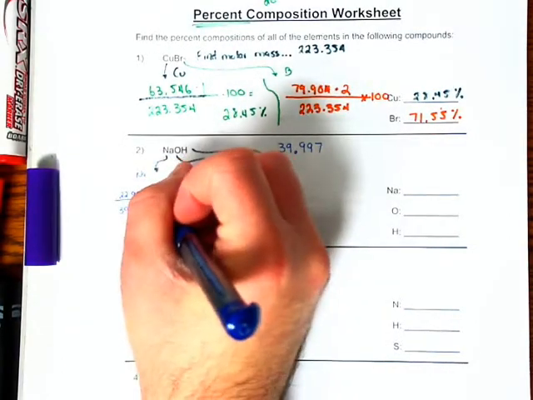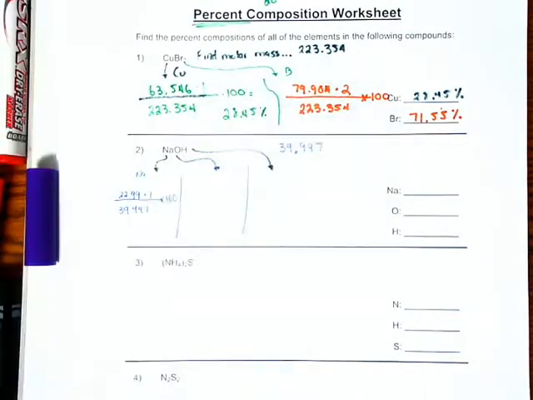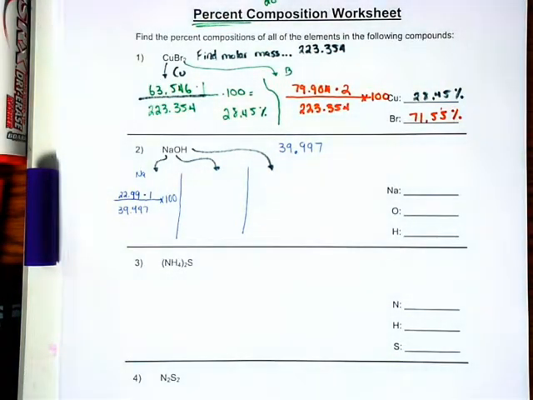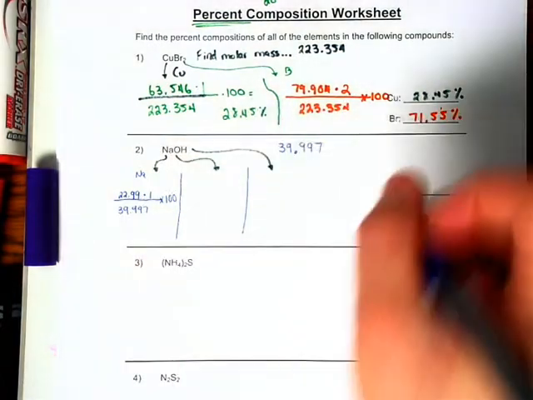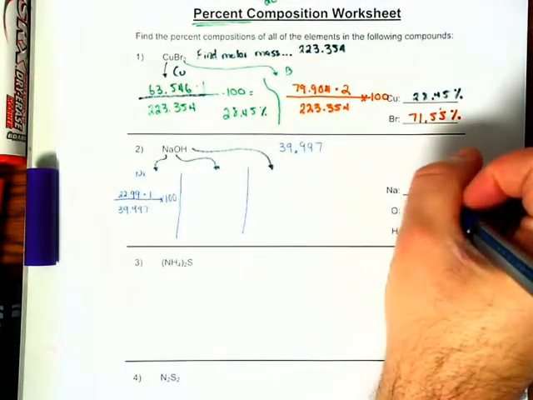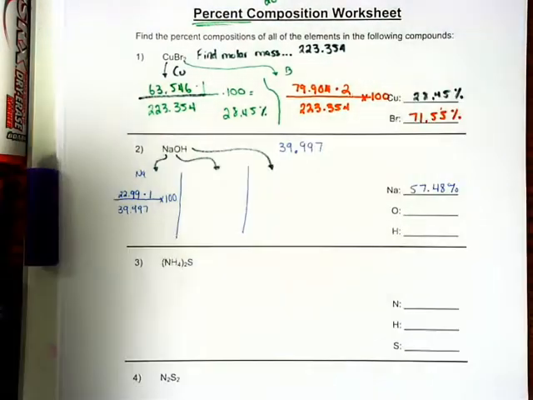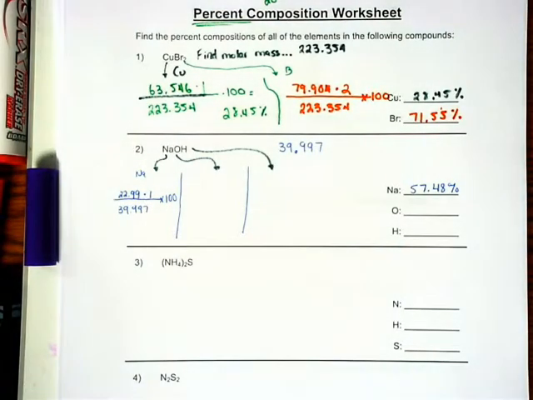And then, of course, at the end, I always multiply it by 100. So I'll let you do that real quick. Did y'all get what I got? 57.48%. Yeah. Cool.